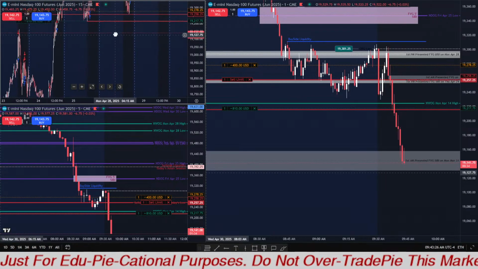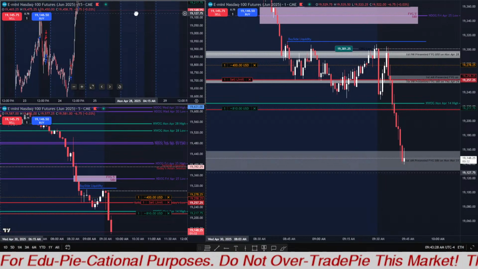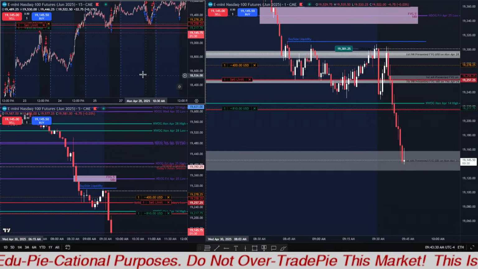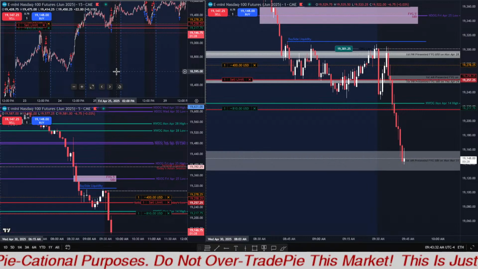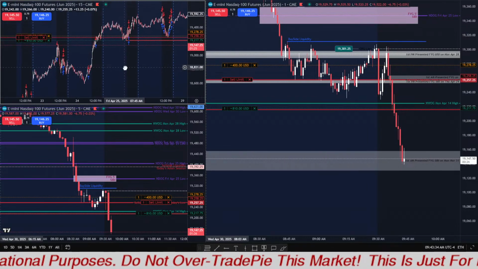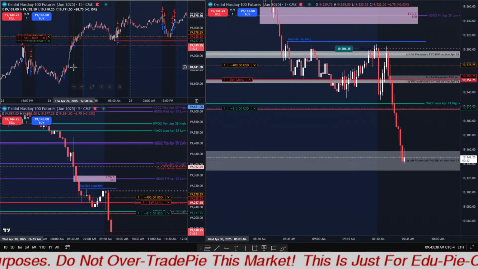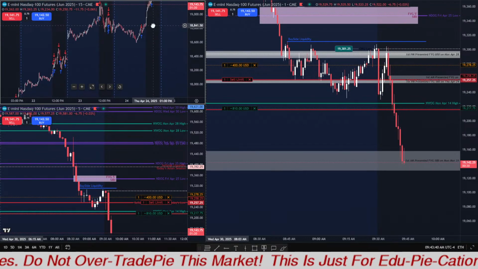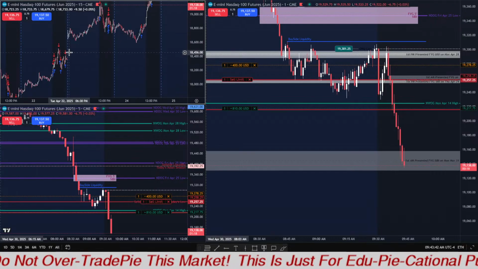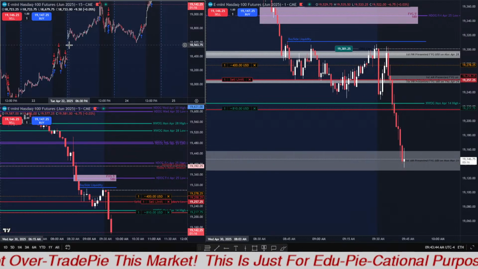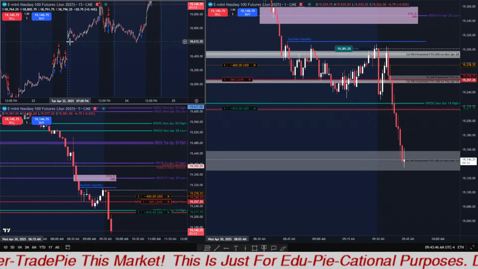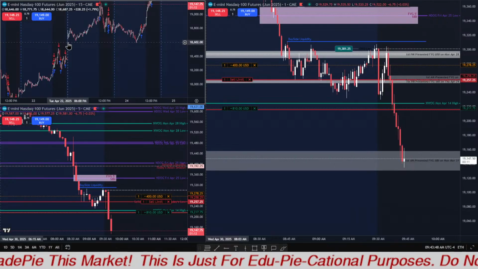In the 15-minute chart, you can see we have these inefficiencies over here resting. After that, we have this new day open gap, I apologize, that is unfilled.